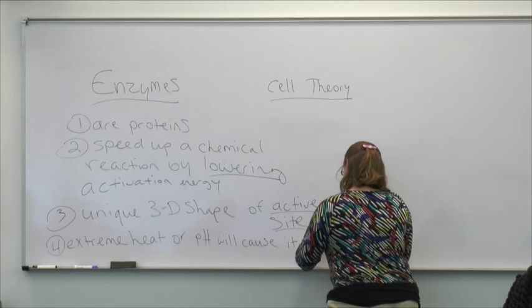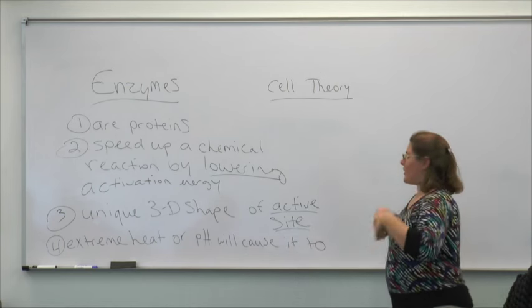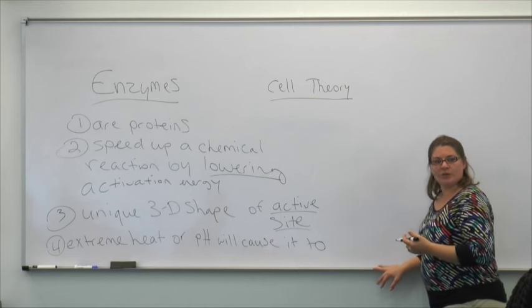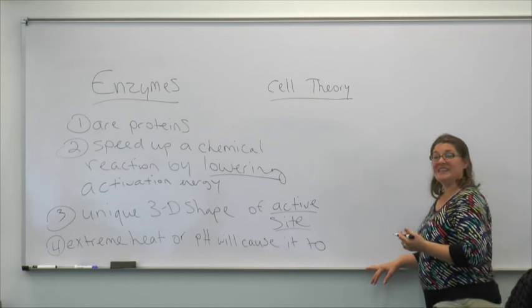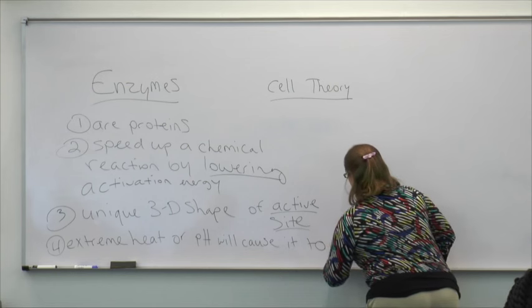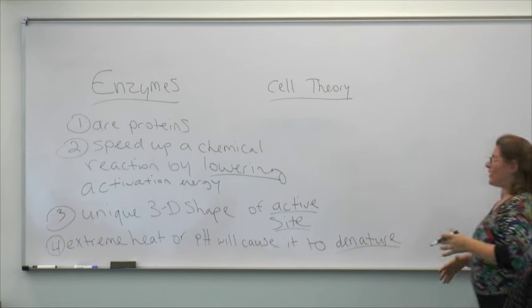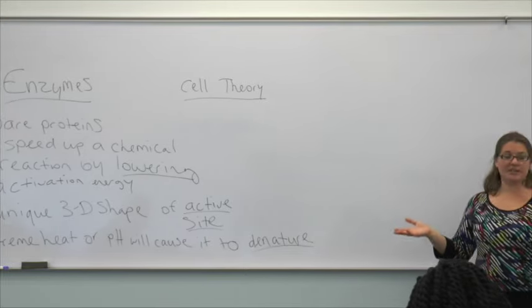You guys know the word? What happens when the enzyme unravels and loses its shape? Do you know what that special word is called? It's the word that starts with D. Denature. When it denatures, it unravels and it loses shape. And it's not going to function anymore.